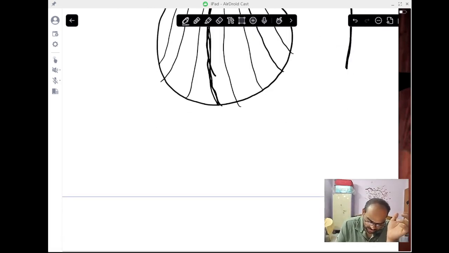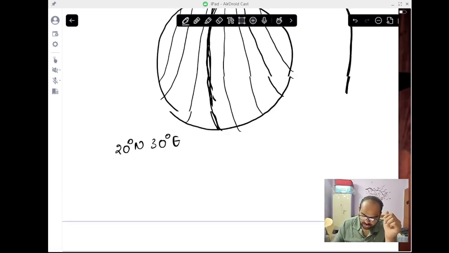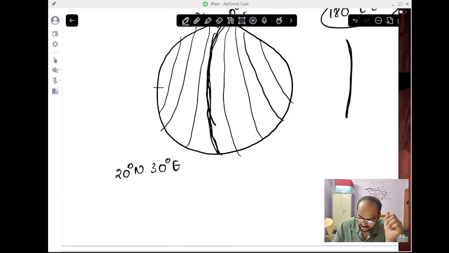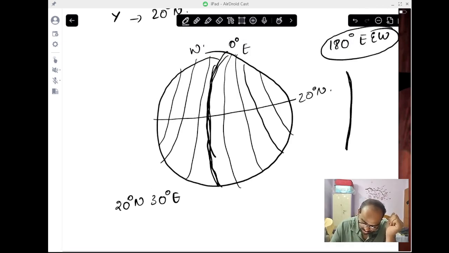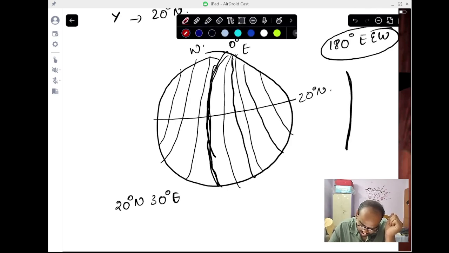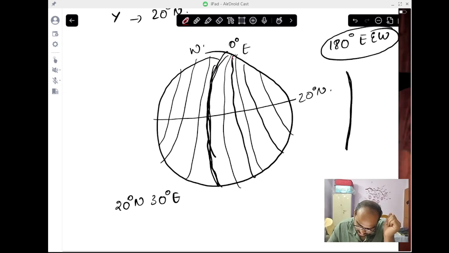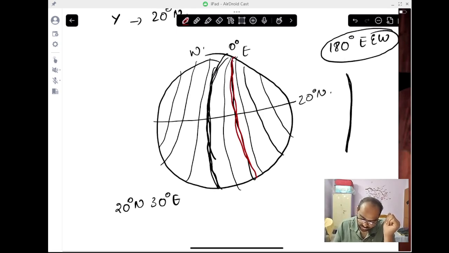If someone says there is a place on 20 degrees north and 30 degrees east, the place would be somewhere here if it is 20 degrees north, and if we draw 30 degrees east, this is 30 degrees east. The place would be somewhere here, 30 degrees east and 20 degrees north.